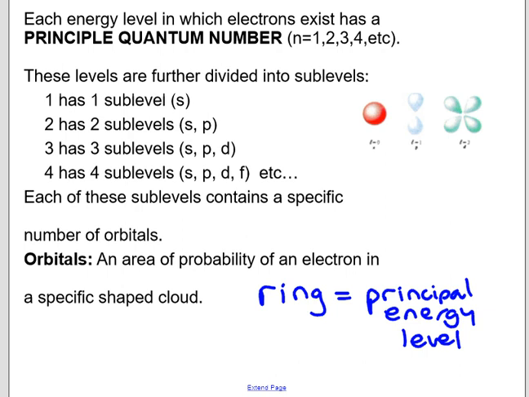What does that look like? So picture this scenario where we have our nucleus off to the left in black. Ring 1, which we now call principal energy level 1, is this fixed distance of space from the nucleus. And because it's reasonably small, it only has 1 sublevel that we name S. We'll call it 1s.